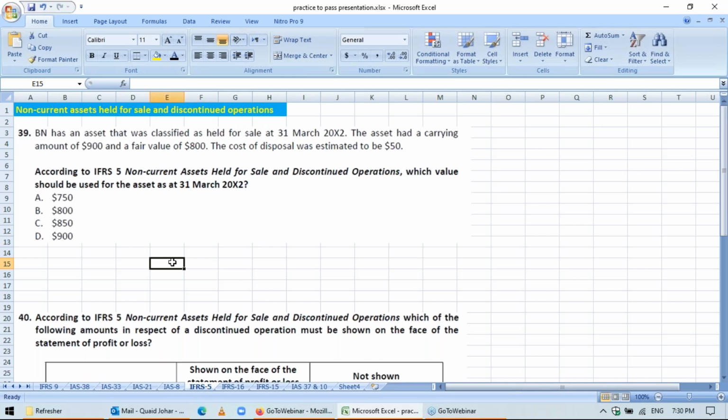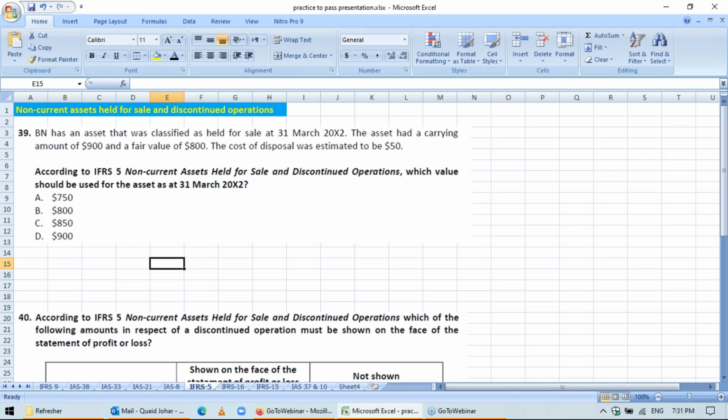If we have decided that they are to be sold in the near future, what needs to be done? We will stop recording depreciation on it because it is no more a non-current asset for us, as we have already decided that we are not going to use it anymore, or we are going to sell it. So we will not charge depreciation on it. Secondly, we will not show it as a non-current asset because it is not a non-current asset anymore. So it should be transferred to a current asset item.